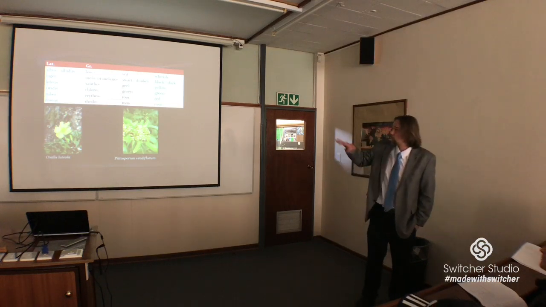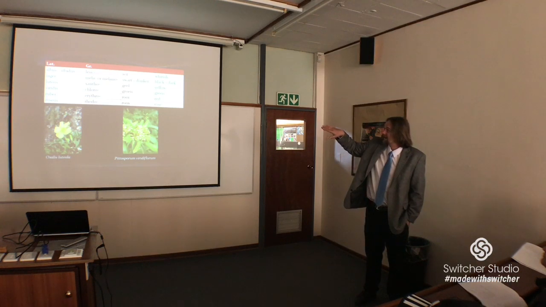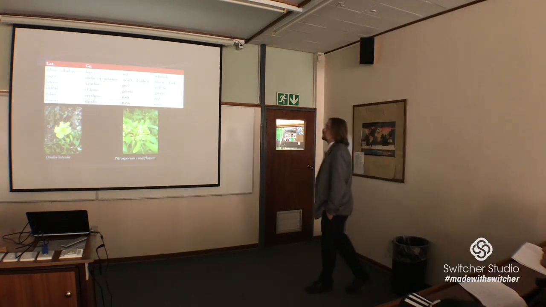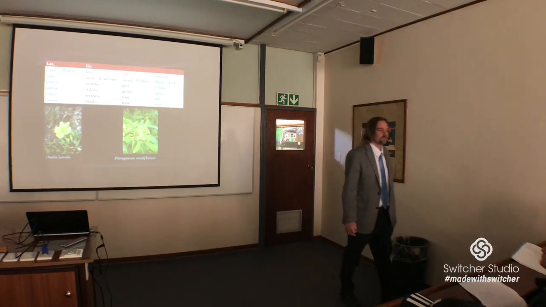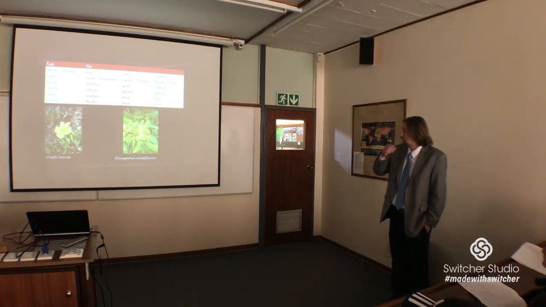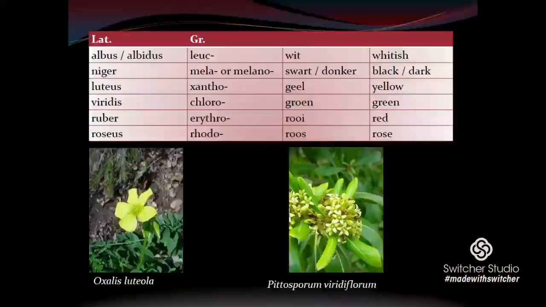Be careful. So you have white, leuk, or albus, niger or melan, mela for dark or black. Yeah, you don't get black in nature that often. It's always darker. I'll give you an example just now. Luteus or xantho for yellow. There we have Oxalis luteola.